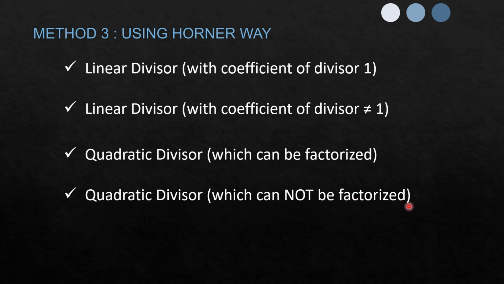So if you are using method 3, you have to define all of the different divisors and use the correct way for each divisor. What we will discuss now is how to use HORNER way for a linear divisor with the coefficient of divisor 1. This is the first type.